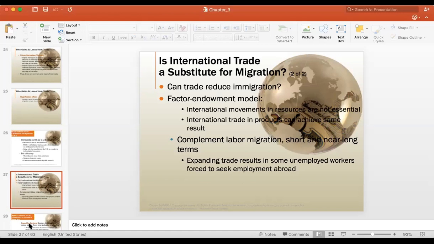Long run macroeconomic equilibrium. In other words, you're going to have full employment, there are no recessions, everyone that wants a job can find a job. This happens over the long run when the economy attains long run equilibrium. So this whole idea about trade being a substitute for immigration can only result in an environment where long run equilibrium is being attained.